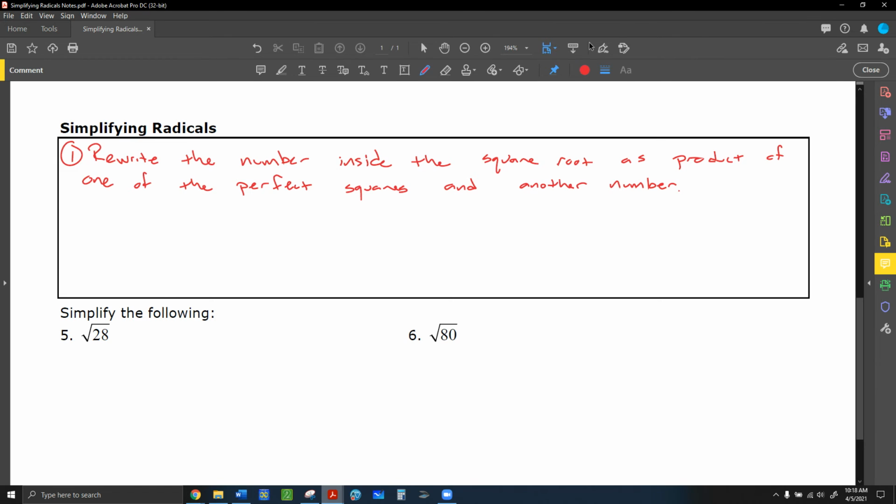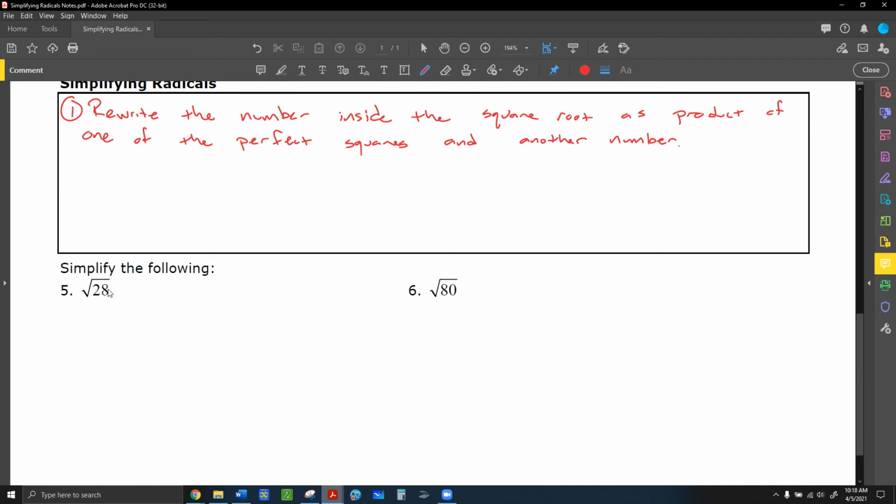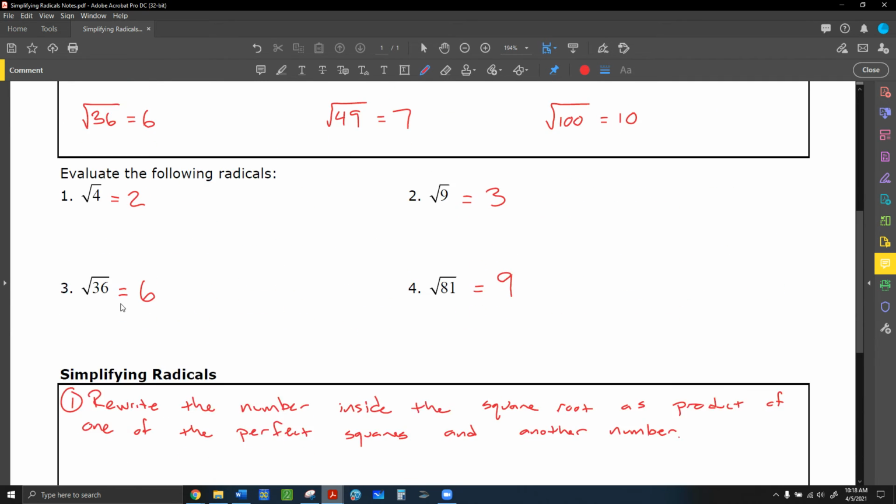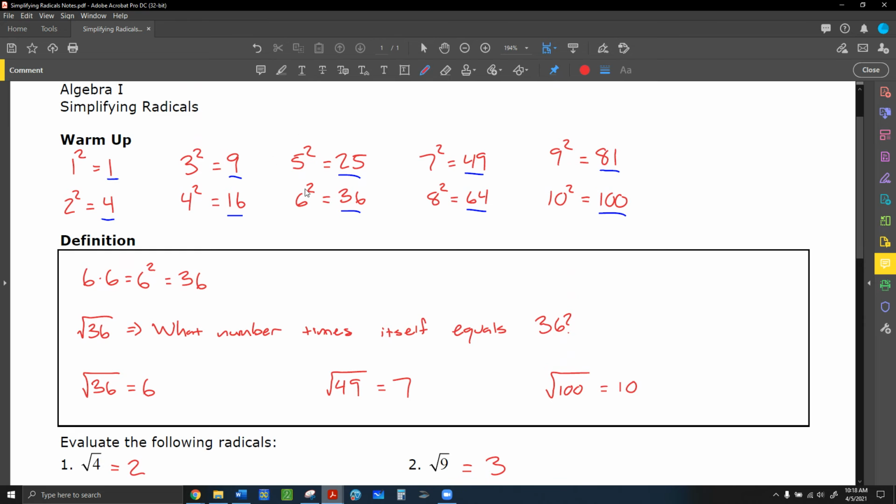So what we're saying is we're going to break down that number inside the square root. Like in example number 5, we're going to break down 28 into two factors, one of which will be one of our perfect squares. So one of our blue numbers here.